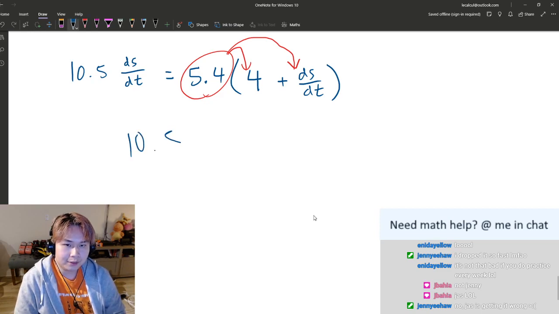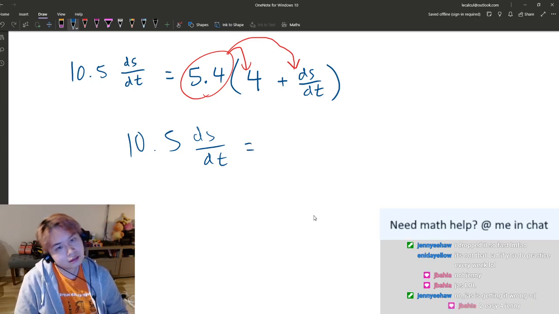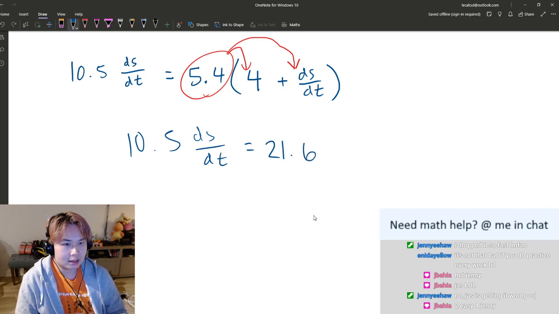So what, 10.5 ds dt, and then over here, what is this, 21.6 plus 5.4 ds dt.